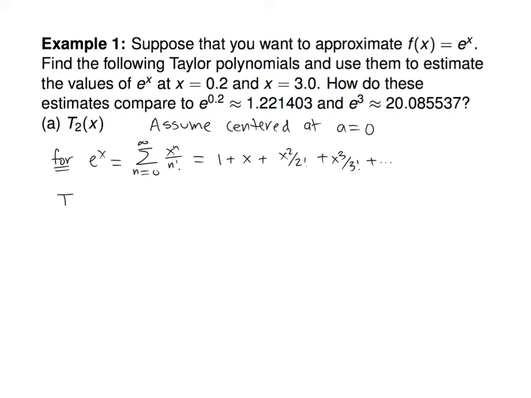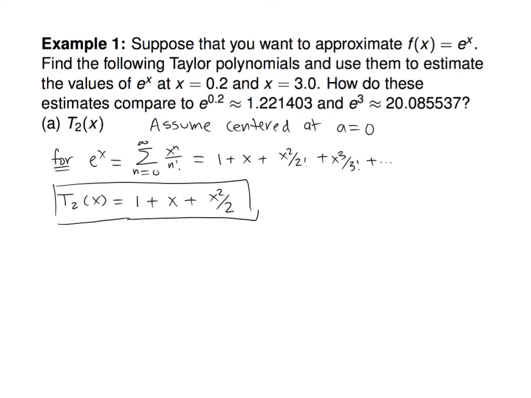So can you tell me what T2 of x is going to be? We notice the pattern with the degrees, right? So it's the first how many terms? The first 3. So this will be 1 plus x plus x squared over 2 because 2 factorial is 2, right? Okay. Now, e to the 0.2, now 0.2 is pretty close to 0, right?